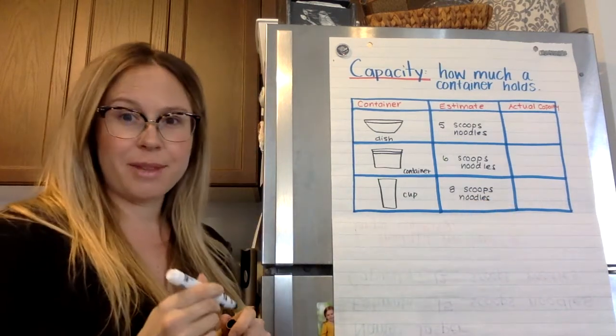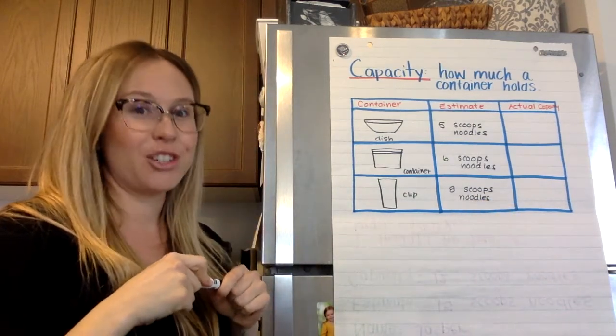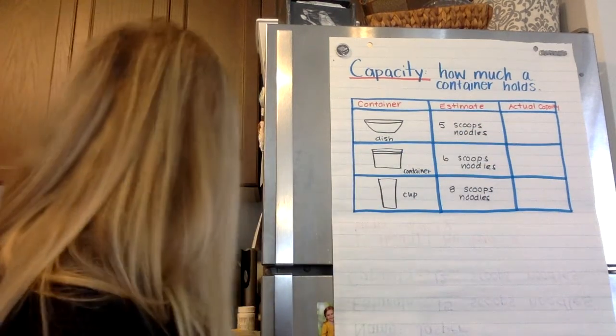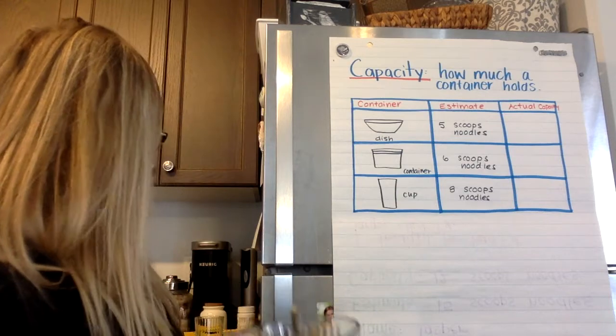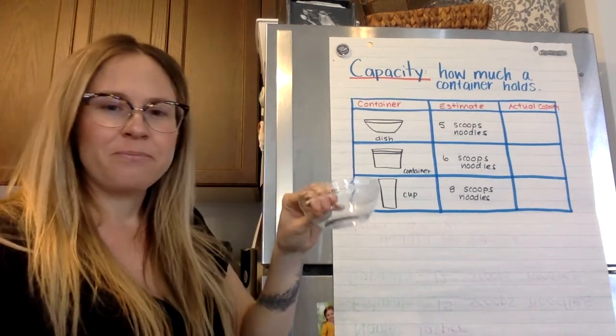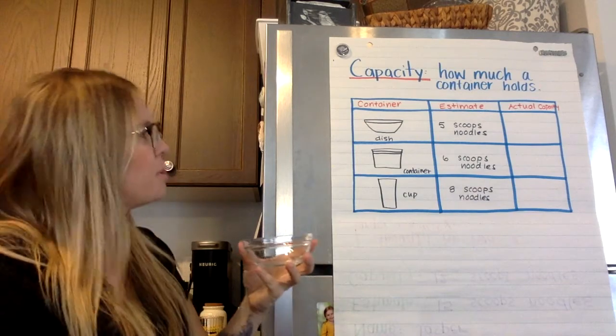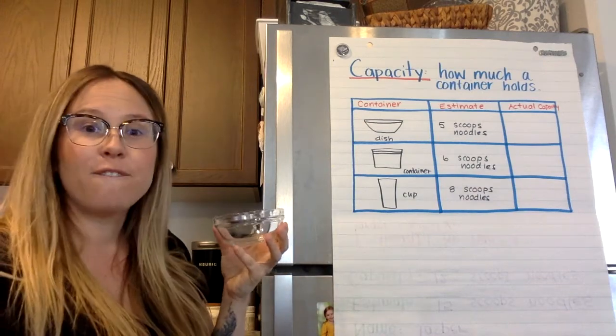Okay, so now's the time that I actually get to do all of my actual measurements and find out the actual capacity. So I'm going to start with the smaller dish, and I'm going to see just how many scoops. So my estimate was 5 scoops.